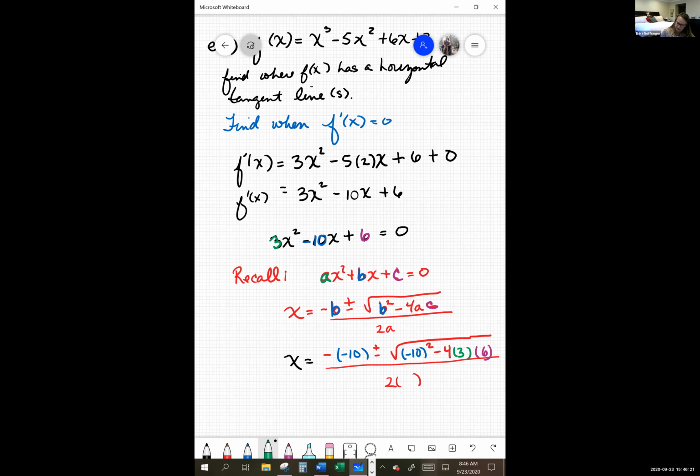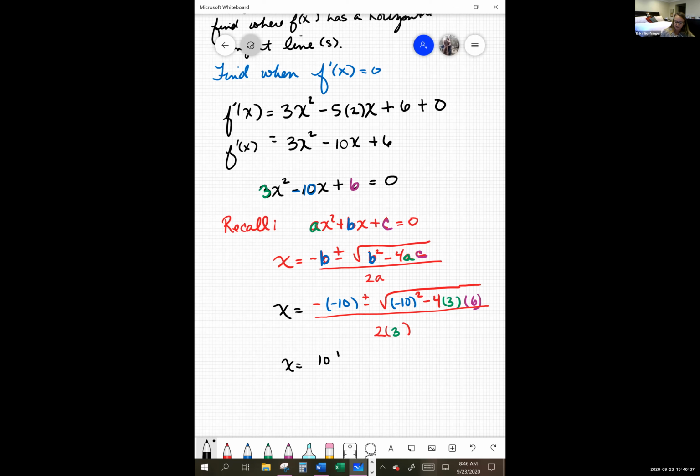So positive 10 plus or minus the square root. Negative 10 squared is 100, minus 4 times 3 is 12, 12 times 6 is 72, all over 6.